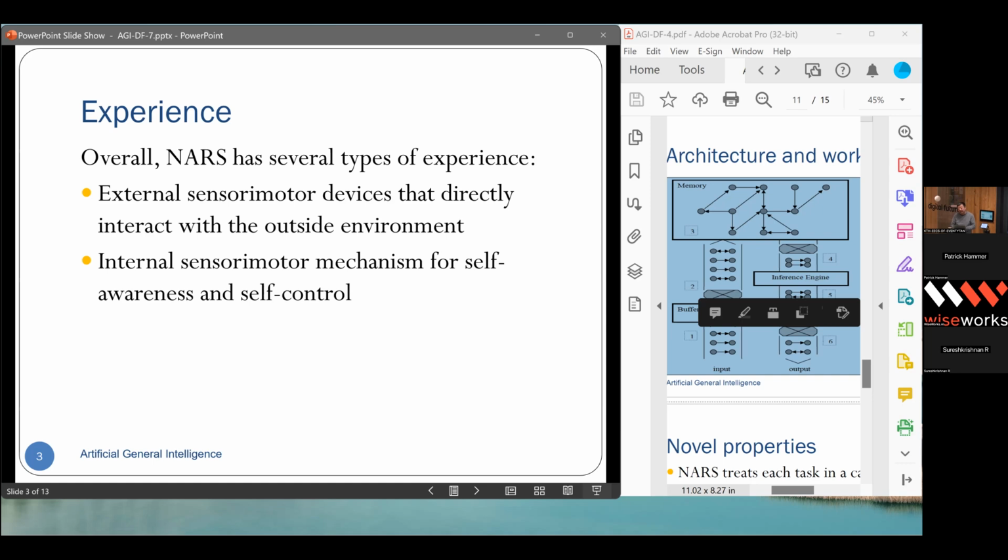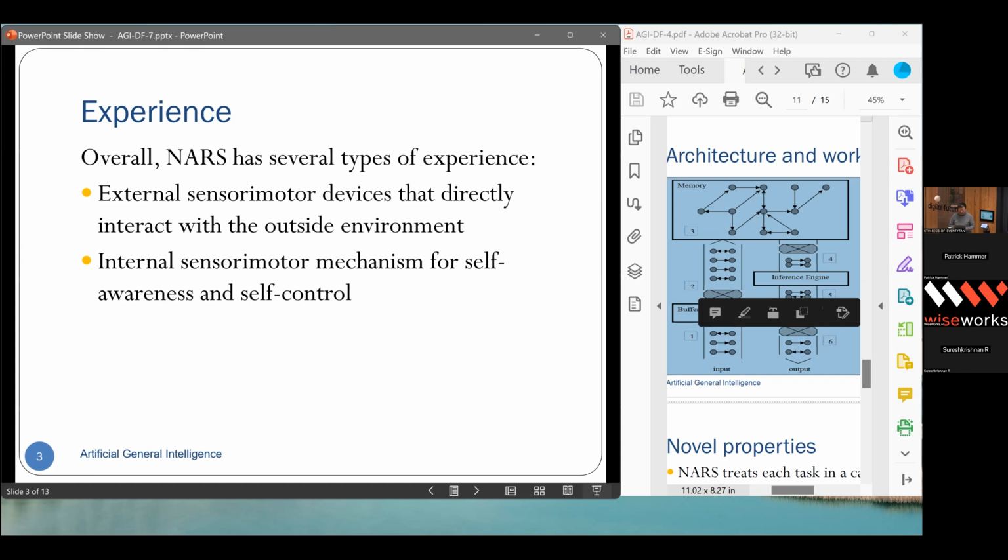Another thing, which I explained in some detail last week, is that we can also control internal sensory motor, which is about self-feeling, self-awareness. The system needs to collect information about what's going on within itself in terms of the reasoning process, the current status, the emotion status, and so on, and use that information to control its own activity.